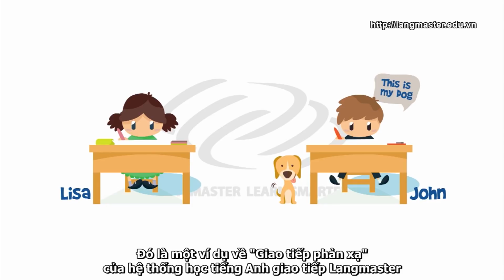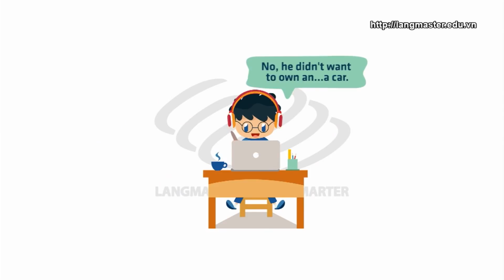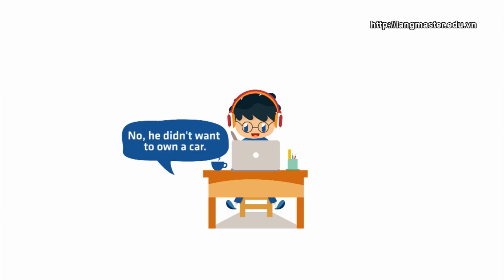Okay, so that's one example. Here's another one. There was a guy named John. He wanted to own a restaurant. Did John want to own a car? No, he didn't want to own a car. He didn't want to own a car.